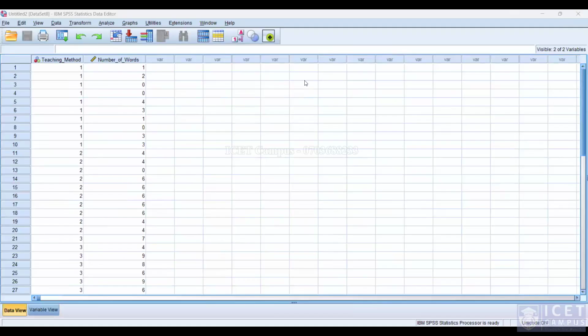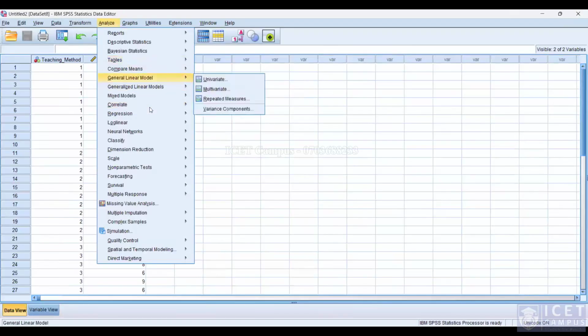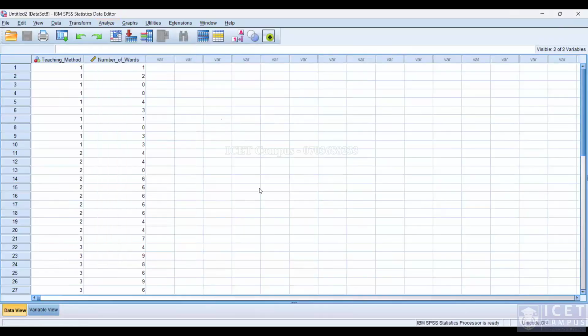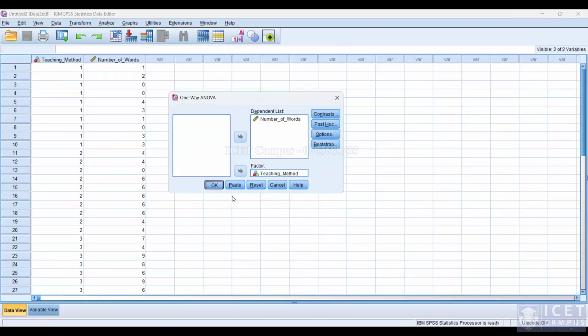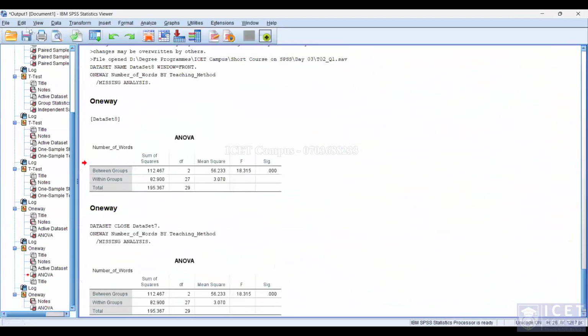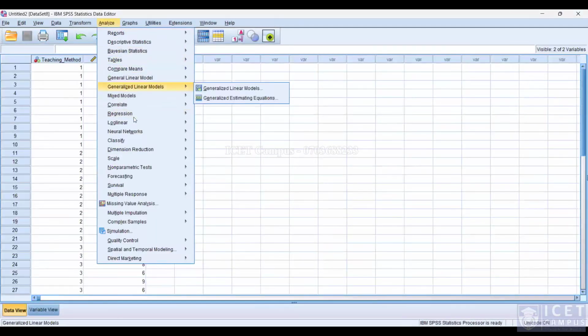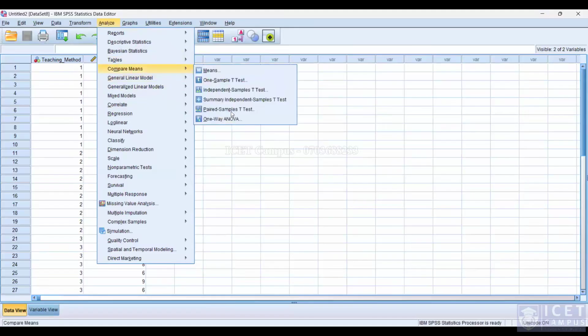Right. We can see the output. Then we can go for ANOVA analysis. Compare means, one way ANOVA. Okay. Then we can see the output and also analyze, compare means, one way ANOVA.